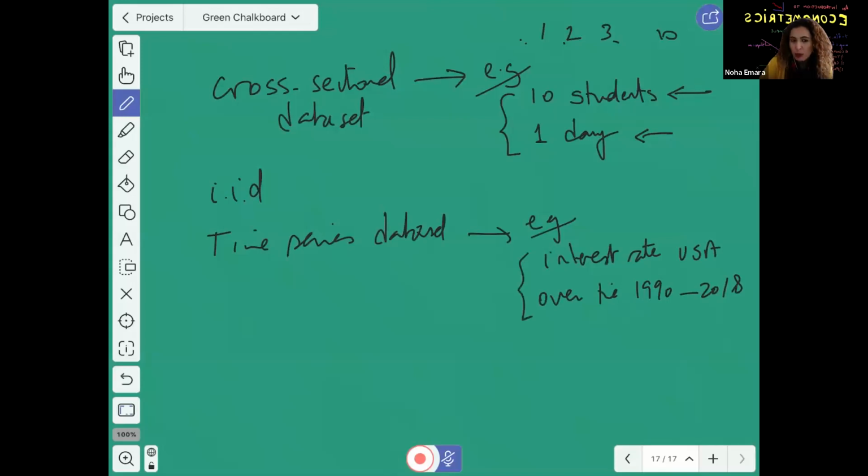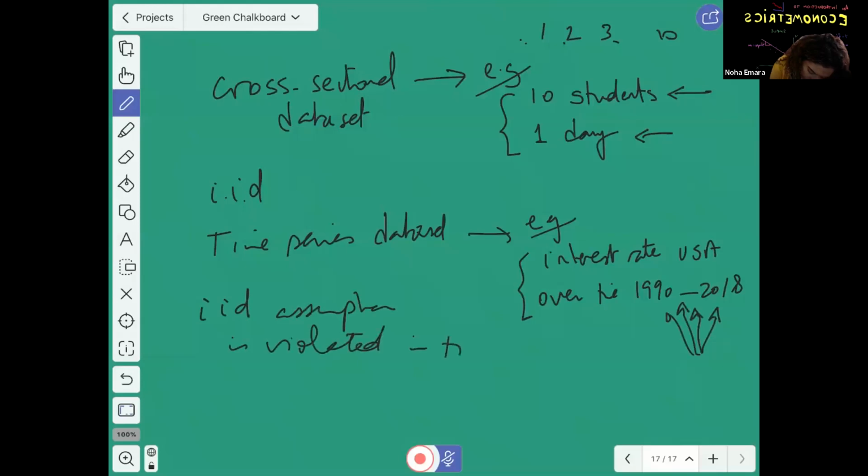It's not easy to apply the IID idea here, because the interest rate set by the Fed in 2018 is definitely related to whatever happened in 2017. It could also be related to what happened 10 years before that, and so on. So the IID assumption is violated in time series data sets or time series models.